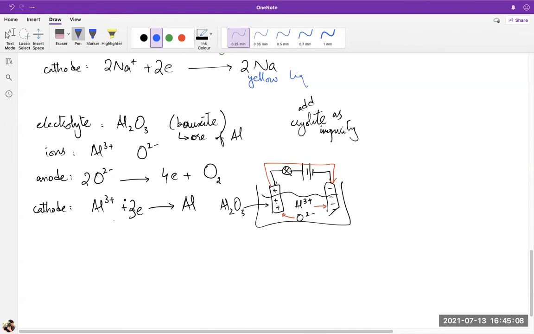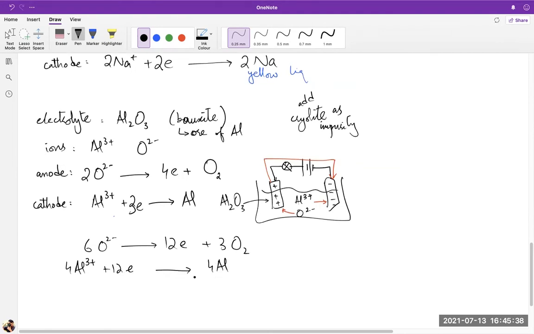So how do I multiply? What do I multiply the first equation with so that I get 12? 4 times what is 12? 3. Yes. So I'm multiplying the whole thing with 3. So 6O2- minus 12 electrons gives 3 O2. And this one I'm going to multiply with 4 because I need it to be 12. So 4Al3+ plus 12 electrons makes 4 aluminum.